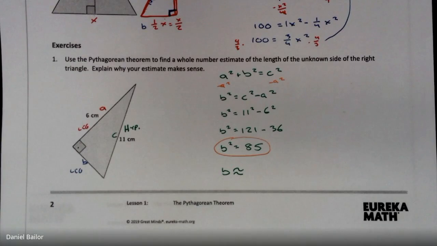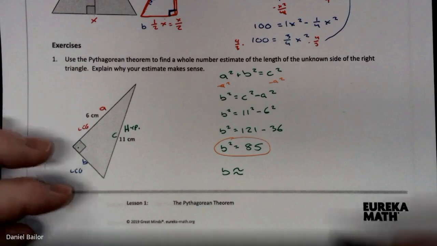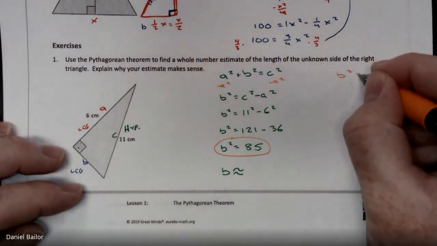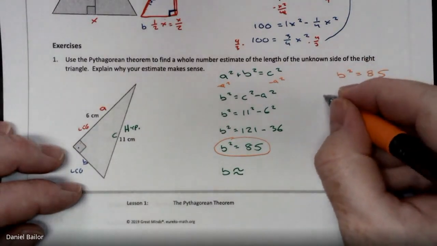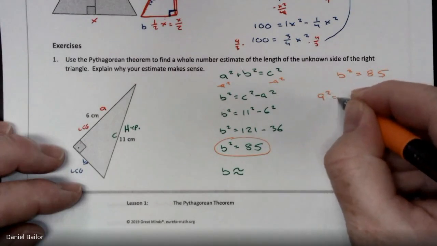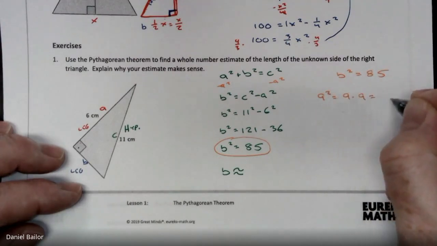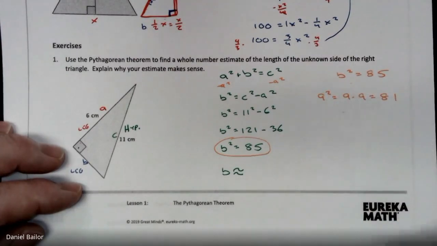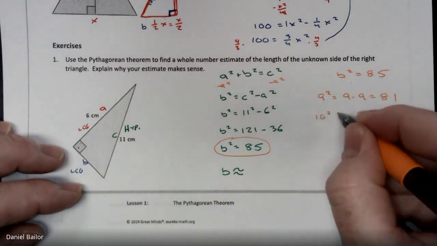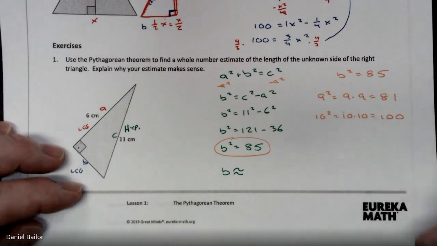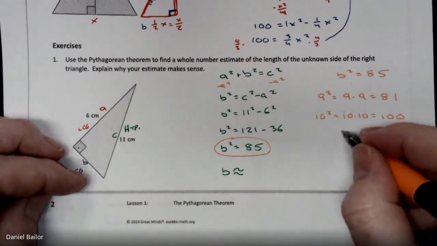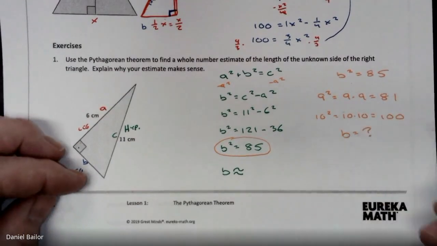Well, let's look at this. We know b squared equals 85. Well, I know 9 squared equals 9 times 9, which is 81. I know 10 squared is 10 times 10, which is 100. So what is b?